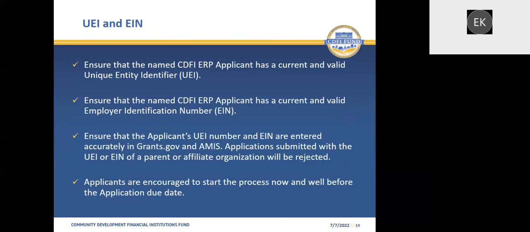Ensure that the applicant's UEI number and EIN number are entered accurately in grants.gov and AMIS. Applications submitted with the UEI and EIN of a parent or affiliate organization will be rejected. Applicants are encouraged to start the process now and well before the application due date.